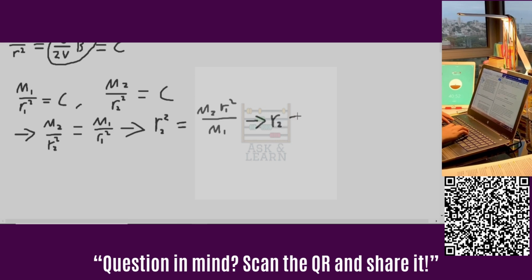So r2 is equal to the square root of mass 2, the mass for particle 2, times the radius for particle 1 squared, divided by the mass for particle 1. And that's your answer.